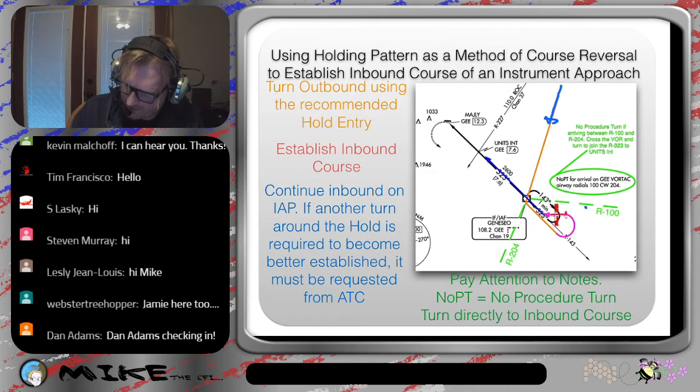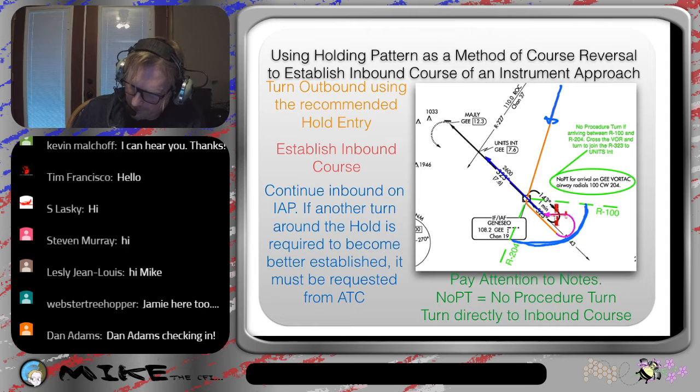So that means that if you're arriving anywhere from this sector here, what you would do is proceed inbound to the VORTAC, or I'm sorry, the VOR DME, and turn onto your next course line. That's what you would plan to do if you were cleared for the instrument approach.